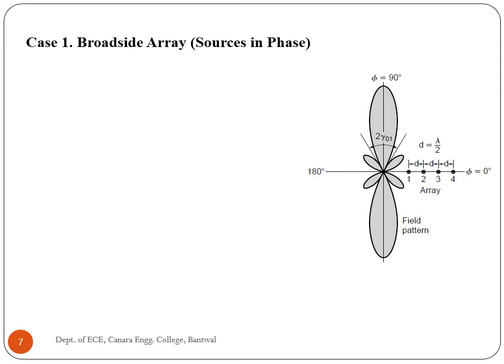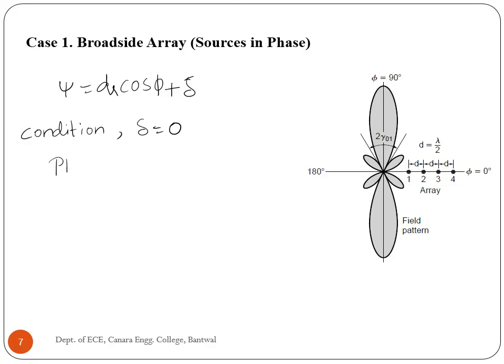Generally, the phase angle xi is equal to dr cos phi plus delta. But in the broadside array system, since power is applied with equal amplitude and in phase, the condition is delta equal to 0.